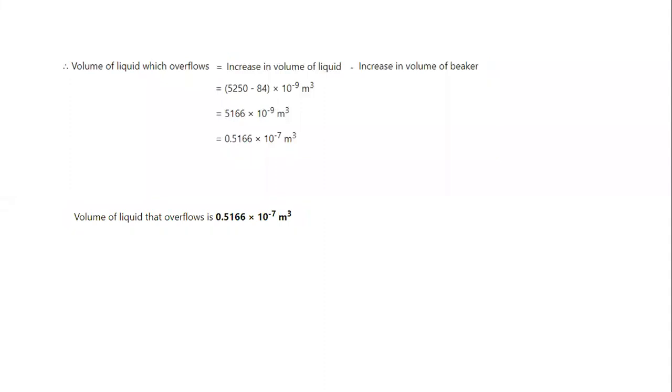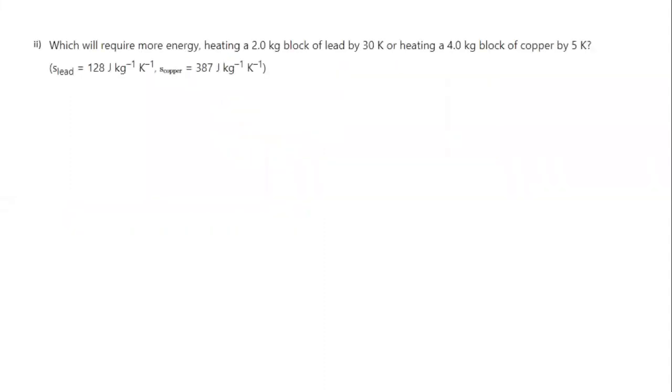Now, next is problem number 2. Which will require more energy: heating a 2 kg block of lead by 30 Kelvin or heating a 4 kg block of copper by 5 Kelvin? Specific heat for lead is given and specific heat for copper is given. We already learned the specific heat formula, Q upon m into rise in temperature.